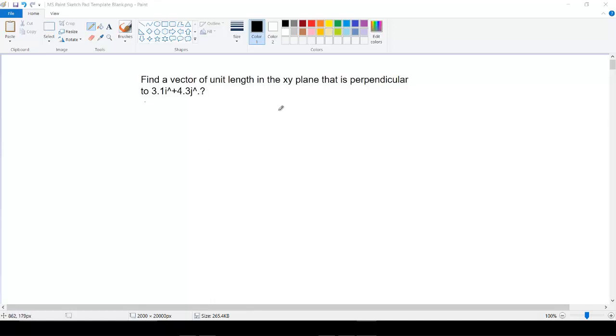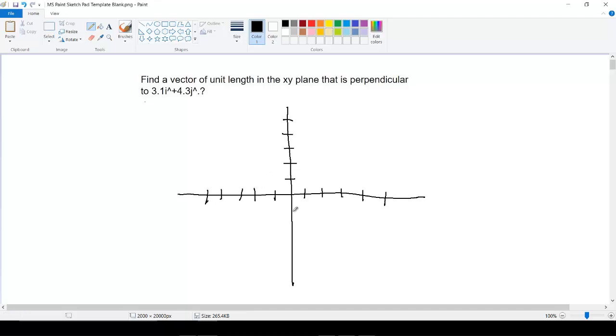So I don't have to do this, but I'm going to sketch out this vector because it will clarify some of the things that I'm talking about. Alright, and this is the x-axis and the y-axis.